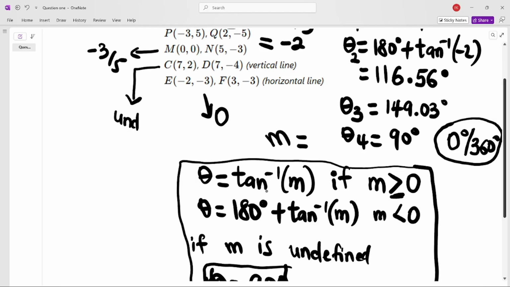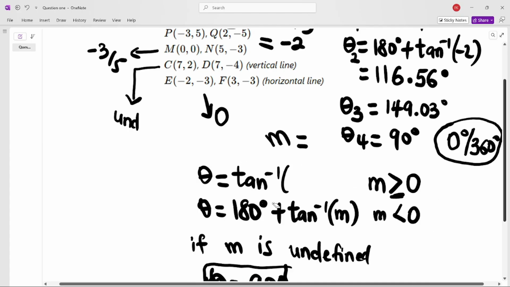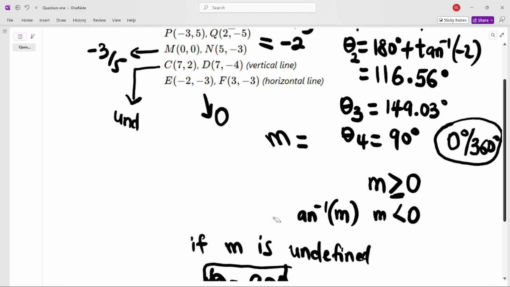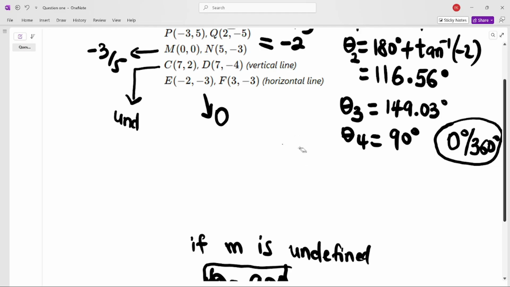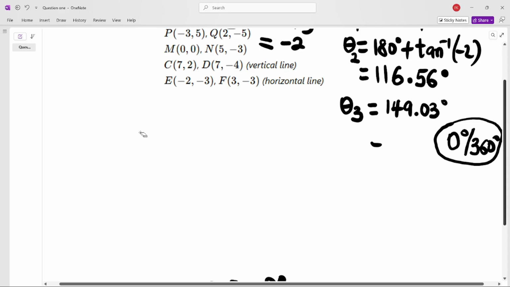So right now I'm going to give you points, and you let me clean my board so that you will not be seeing the formula. I will now give you 2 points and ask you to find the angle. I should be able to give you multiple questions around that. The first one for Kennedy, the second one for Noble.